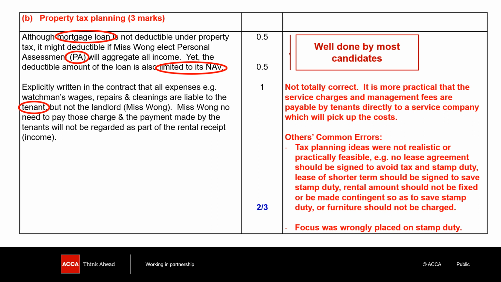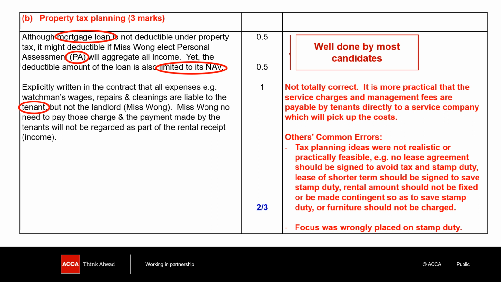However, for suggesting ways to reduce the property tax liabilities, we've got some very creative tax planning ideas. For example, this candidate was suggesting to specifically write in the contract that all the expenses are liable to the tenant and not the landlord, etc.